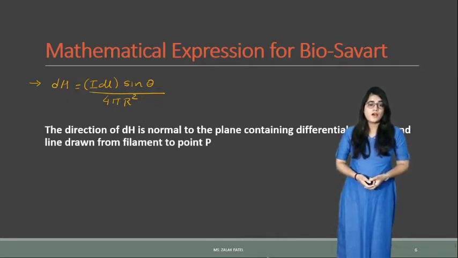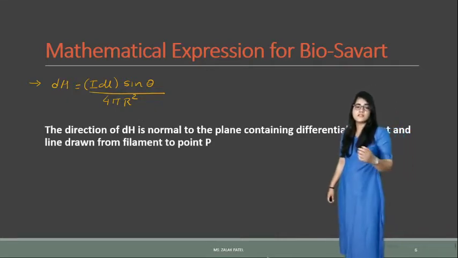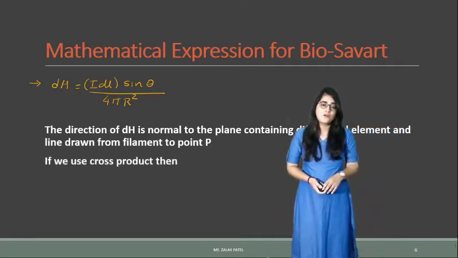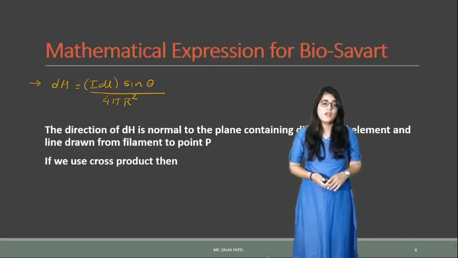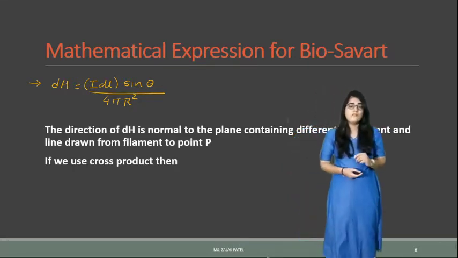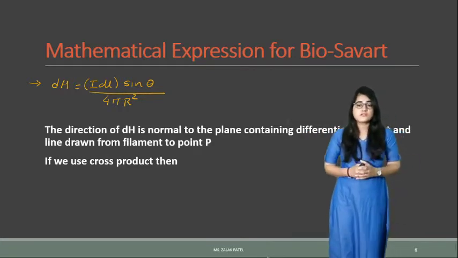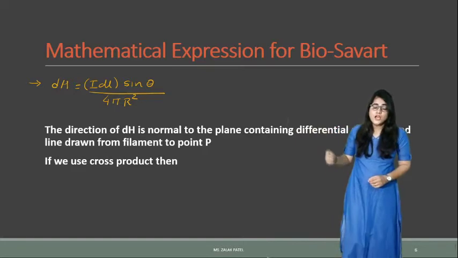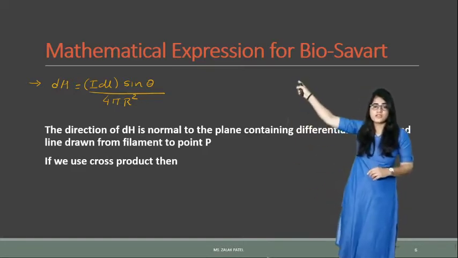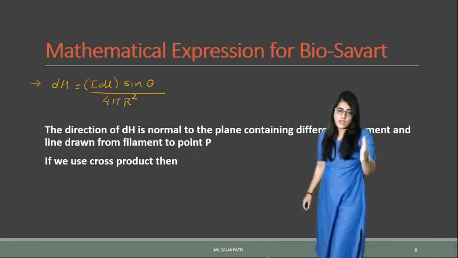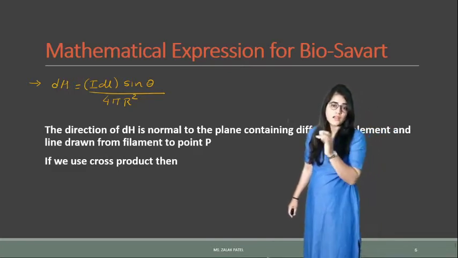Here the direction of dH is normal to the plane of the differential current filament and the line drawn towards the point P. Now if we want to use the cross product, because in unit number 1 we have studied that according to the cross product, A bar cross B bar becomes AB sine theta. So if you see this equation, there is a sine theta term, meaning obviously there will be a cross product between two vectors.